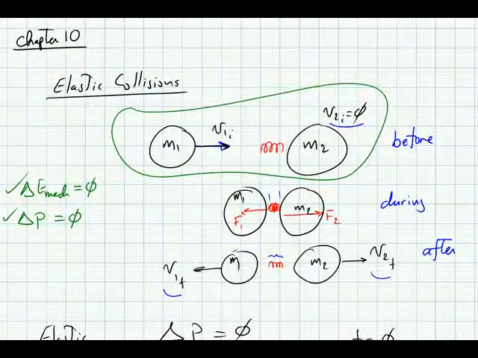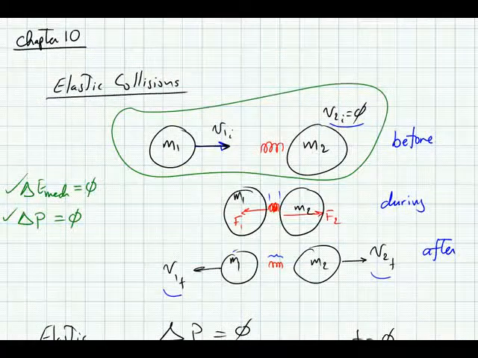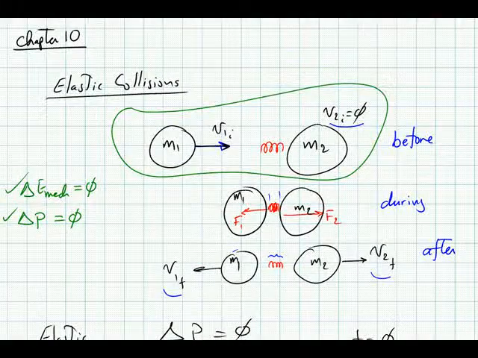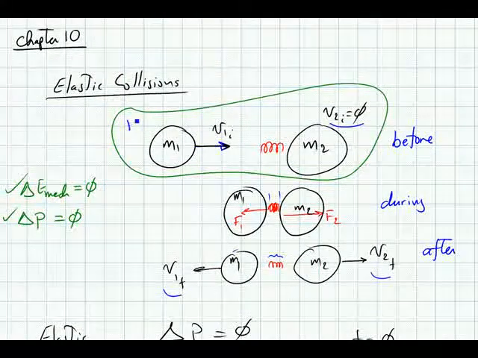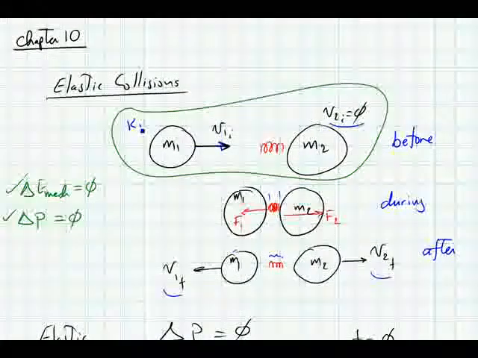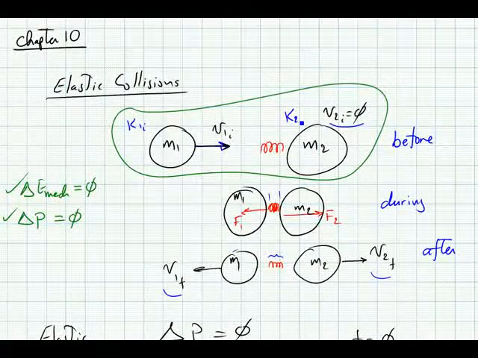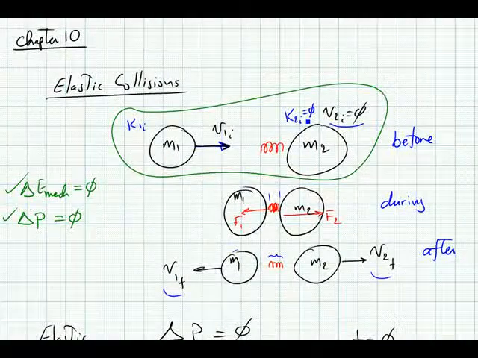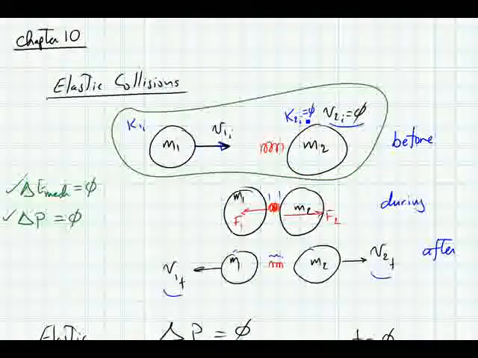So let us go ahead and write the energies that are factored into our system. We have kinetic energy for object 1. We have kinetic energy of object 2, which in this case is 0 because its initial velocity is 0.